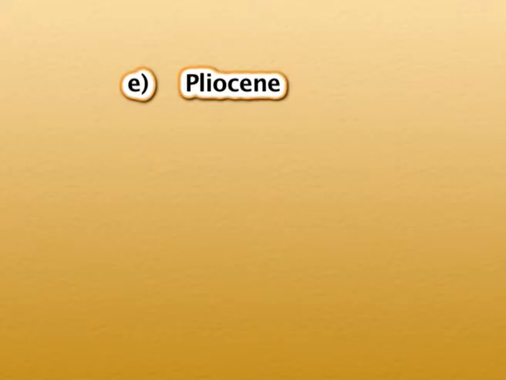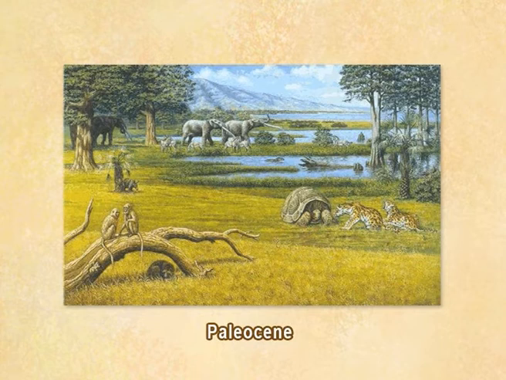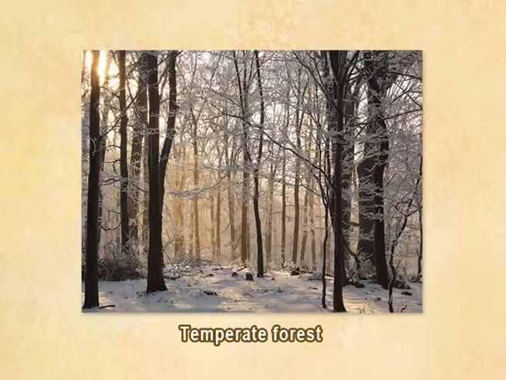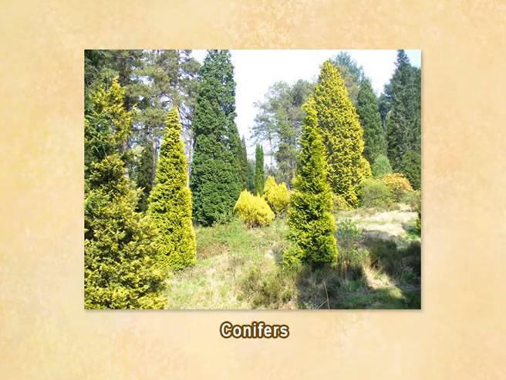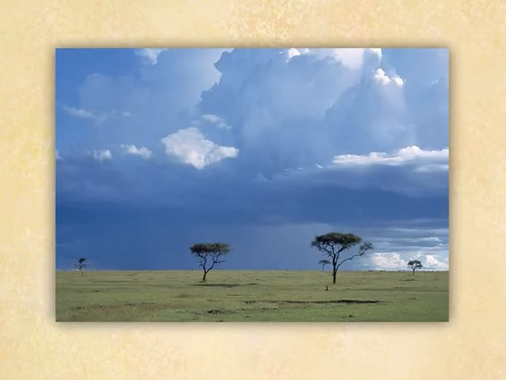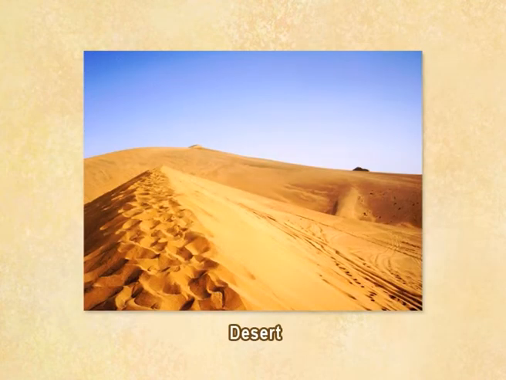Now Pliocene. The Pliocene epoch extends from 5.3 million to 1.8 million years before present. These modern climates reduced tropical vegetation and shrank tropical forests to a band near the equator. Concurrently, deciduous and coniferous forests, tundra, grassland, dry savanna, and deserts filled the space.